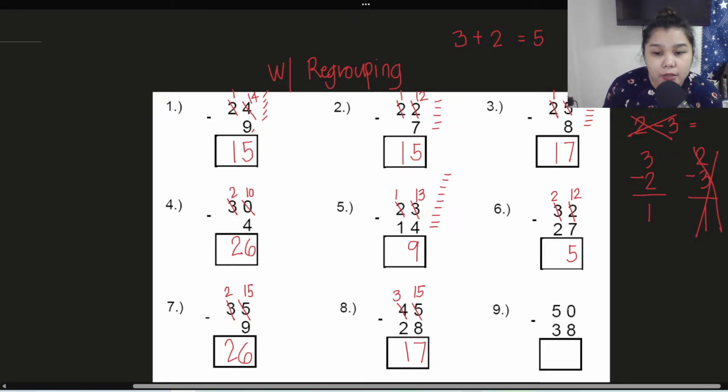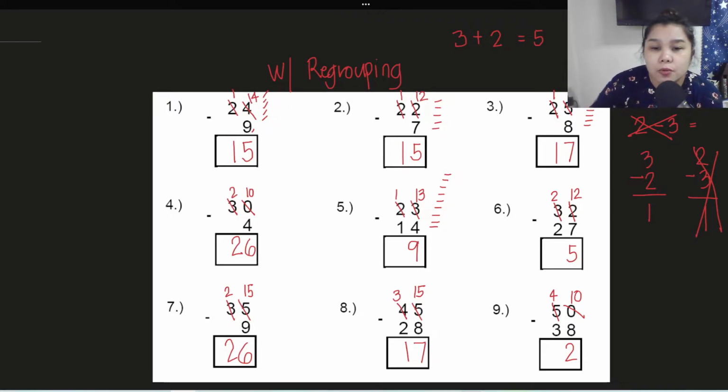Okay, now we have 50 minus 38. 0 minus 8. So, 0 pa din. We cannot get 8 from 0, so we need to borrow. So, this becomes 4 and then borrow 10, kaya naging 10. So, 10 minus 8, pwede na? It's 2. So, madali na lang yan. 8, 9, 10. So, I did not use my fingers.